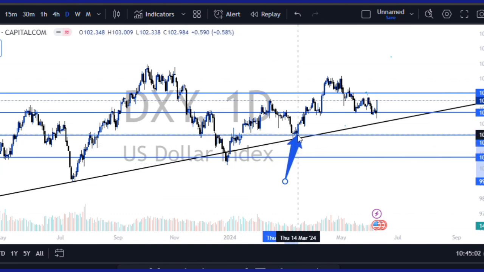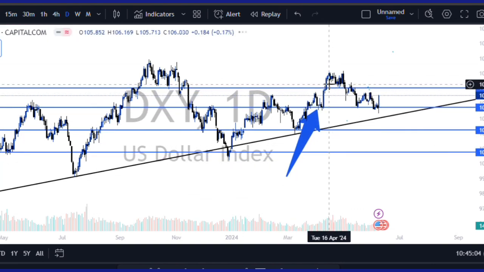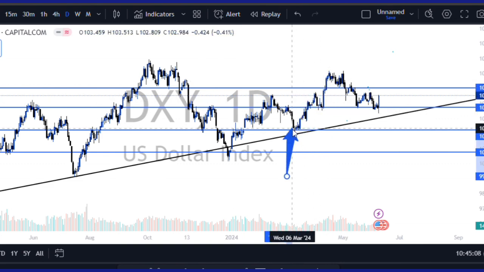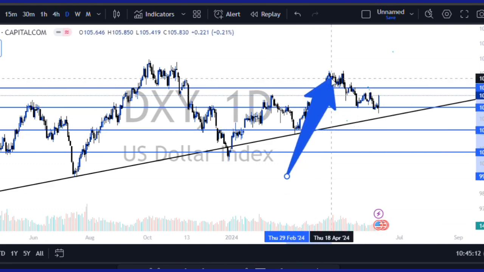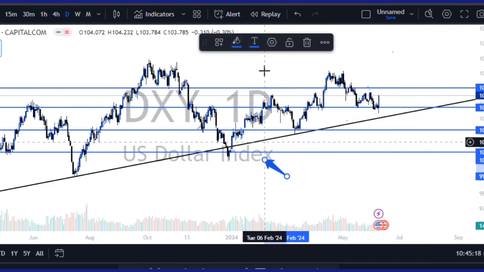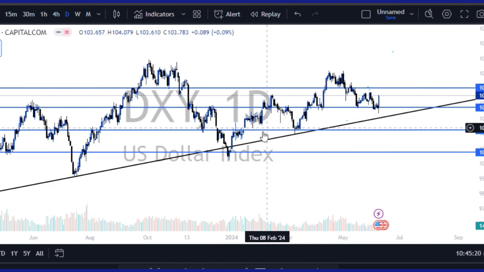From here up to here, these were the confluences, this trend line plus this zone that we drew on a weekly time frame, that took this market up.